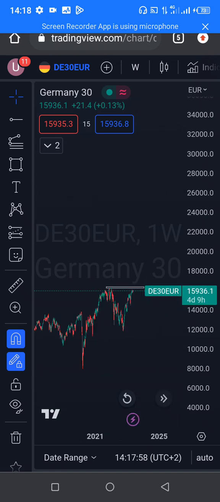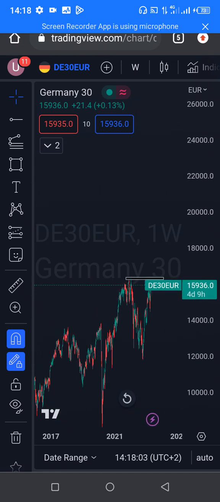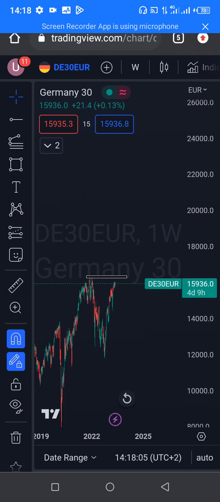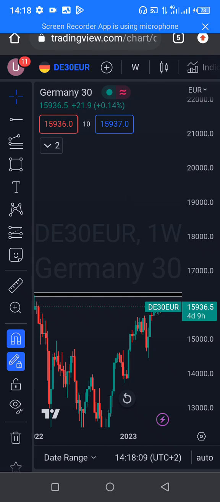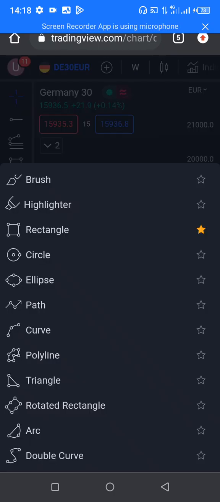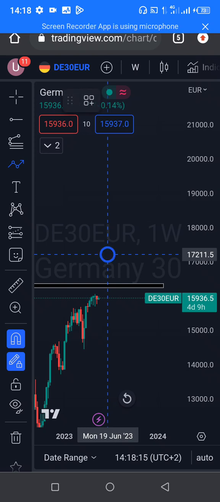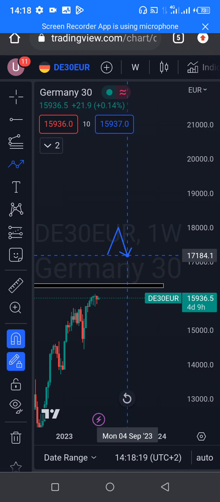So for now, I'm going to wait, because if we enter during our retest around these areas here, when it breaks, test.